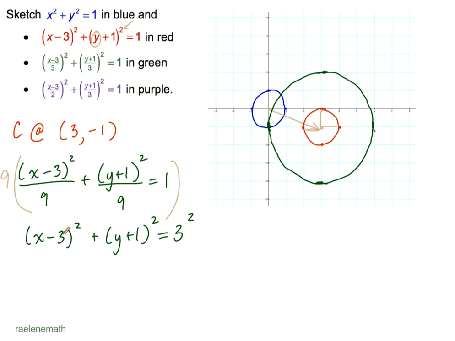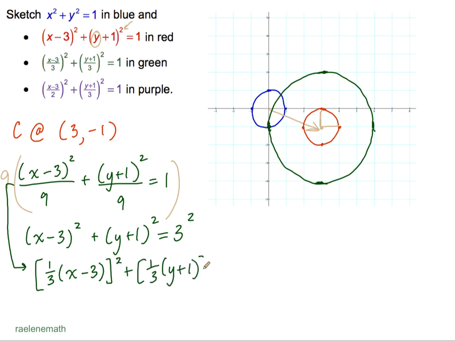Now this is actually really interesting because when we see dividing by 3, that sounds like multiplying by 3. And if we go back to this equation form, instead of the divided by 9, if we kept the 3 inside the brackets to be squared, we can rewrite this as 1/3 times x minus 3 all squared plus 1/3 times y plus 1 all squared, still equal to the 1 because we hadn't done the multiplying by 9.